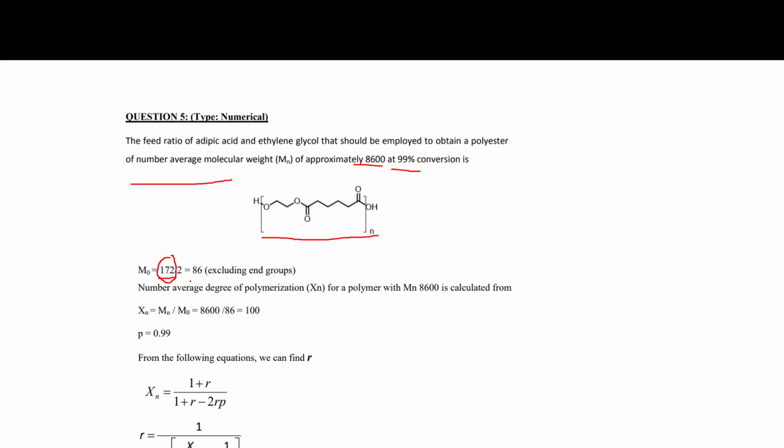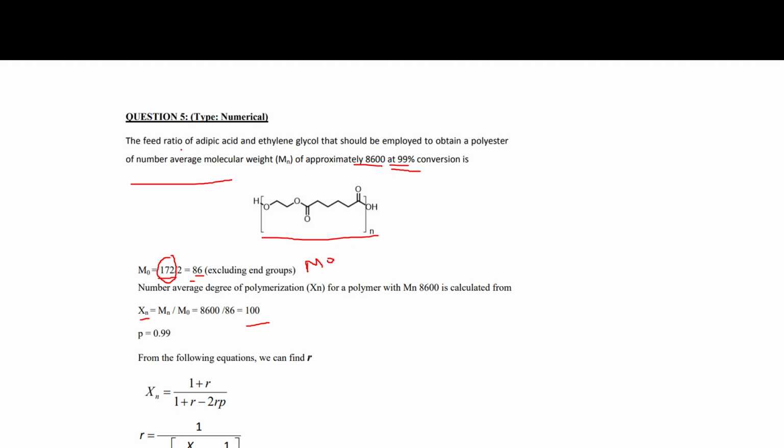So you have to divide it by 2. So you calculate that M0 value. When we calculate that M0 value, from here we can calculate xn, the degree of polymerization. And the extent of reaction is already given, which is 99%.